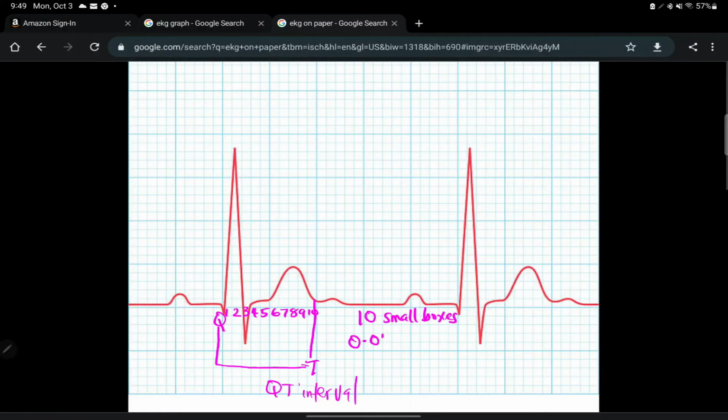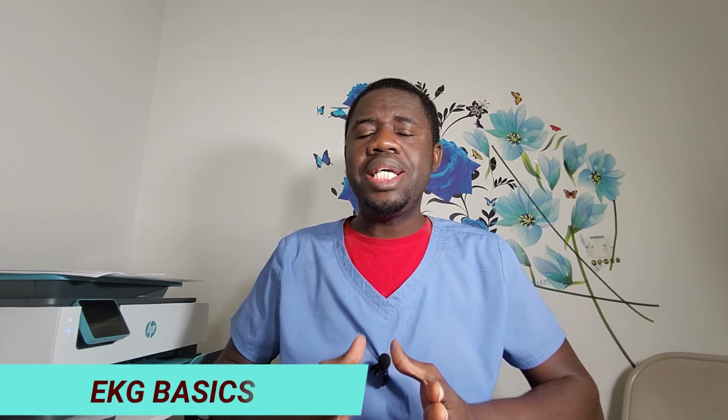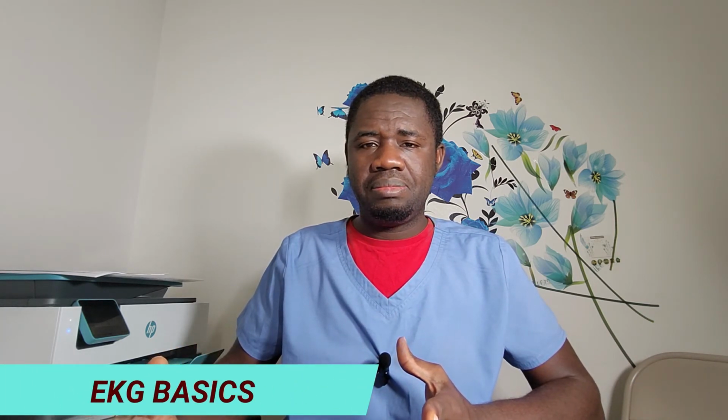That means we multiply the number of boxes times 0.04 second, and that equals 0.44 seconds. Like we said, the normal QT interval should be less than 0.44. So this is normal. When it is extremely above normal, that calls for concern.